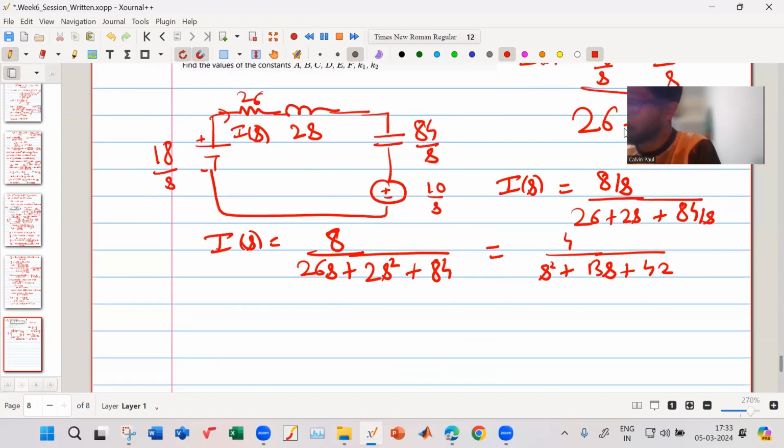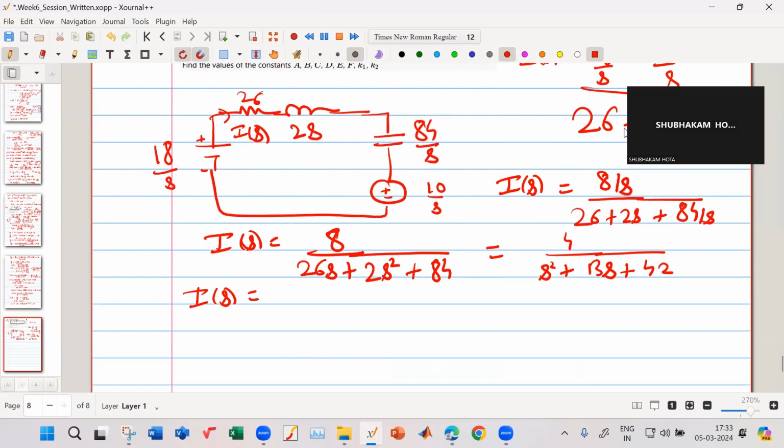So what will be my I of S? Can you find out the factors? Seven, 6.